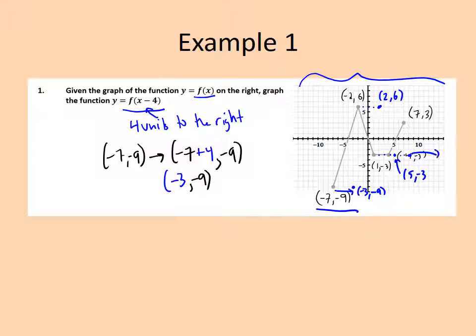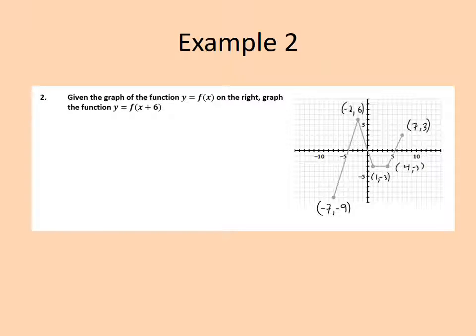So the new point is 8, -3. And then 7 goes 1, 2, 3, 4. So our new point is 11, 3. And then we can connect the dots. And you can visually see that our new blue graph is moved 4 units to the right.